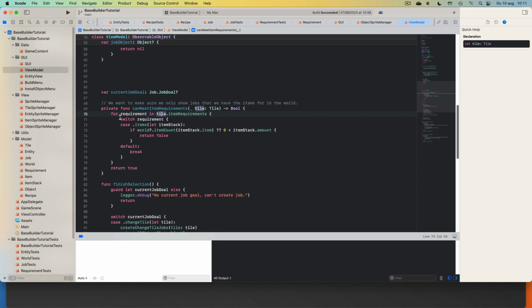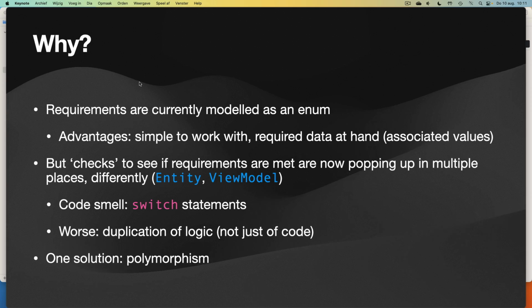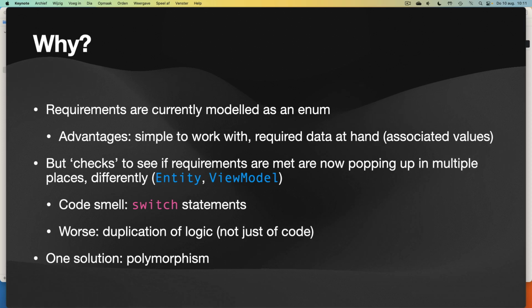We're doing checks on these requirements here and there, and there's a duplication of logic. And this is kind of fragile, so it's very well possible that you change it in one place and forget somewhere else. We do have lots of tests that mitigate some of that risk, but I think it would be nice to spend some time improving this code.